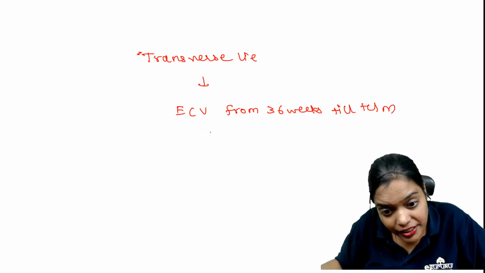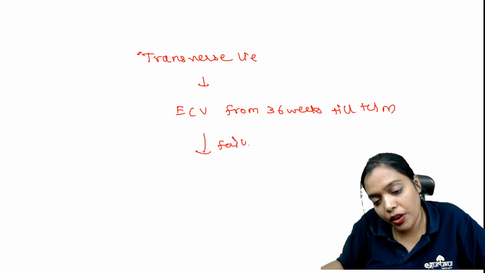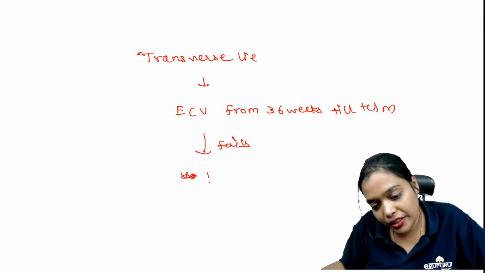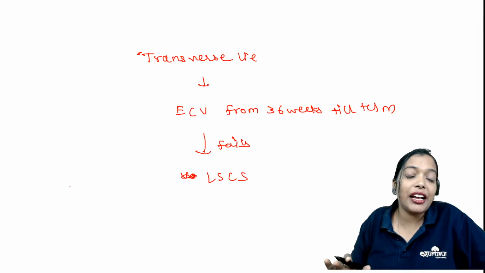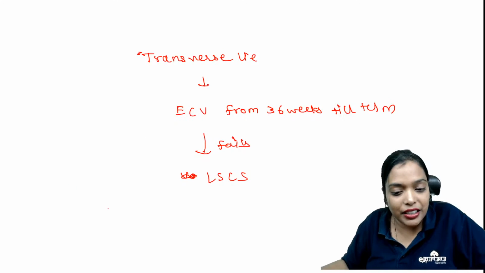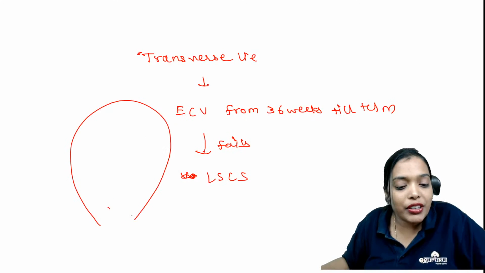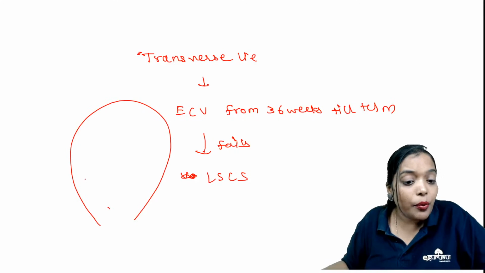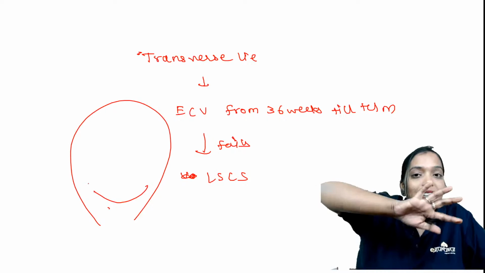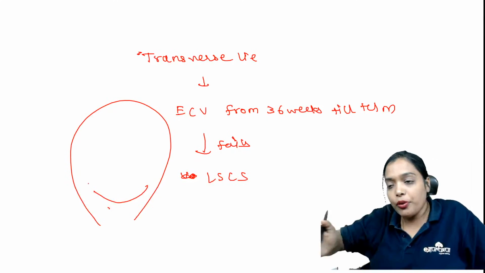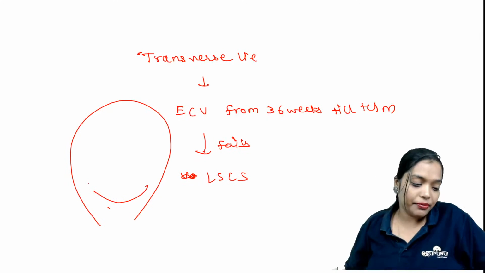If this fails, then you will go for LSCS, lower segment cesarean section. So in normal transverse lie, you will do lower segment cesarean section itself. While you are doing lower segment cesarean section, how are you going to extract the transverse lie baby? Are you going to extract the baby by breech or by head?